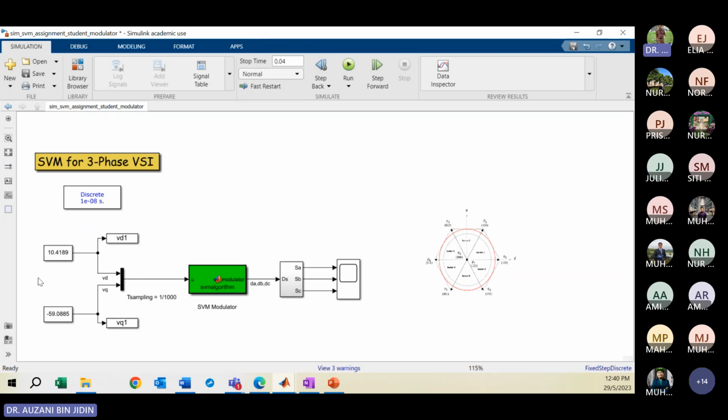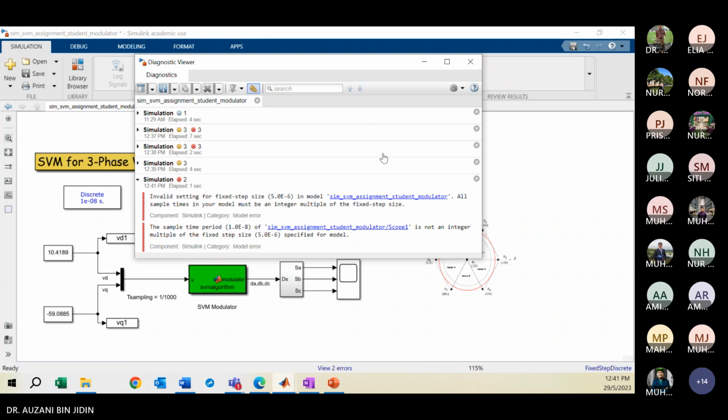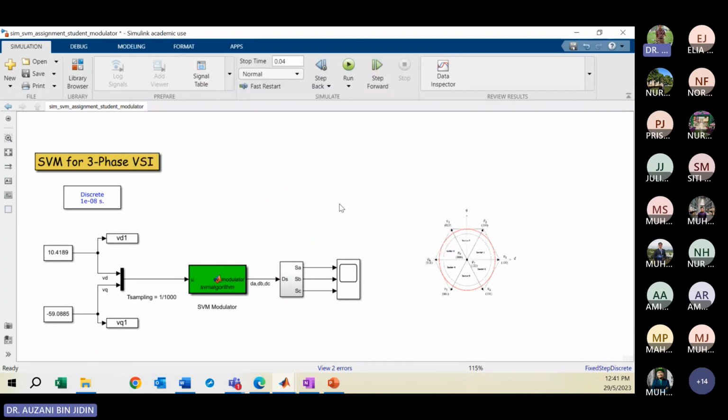By applying the inputs VD and VQ as calculated in class last week, you get 10.4 something, minus 59. Now you can verify the simulation. One thing, you need to put the sample and hold block. This signal, this line, you need to remove.